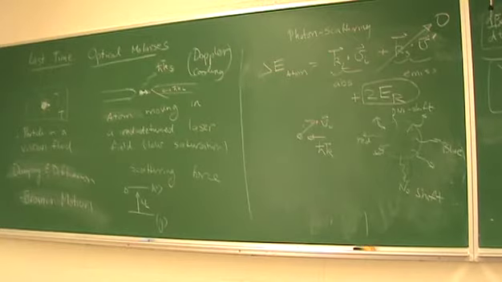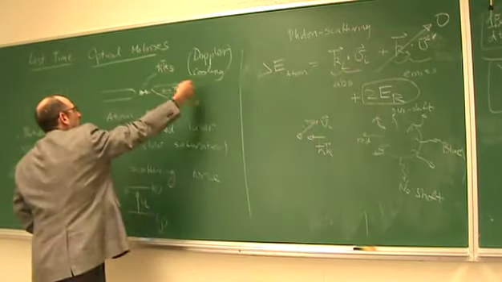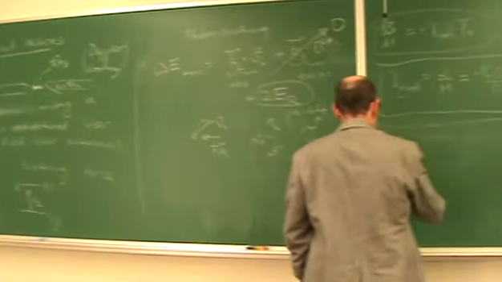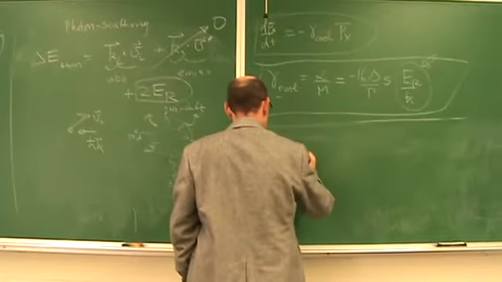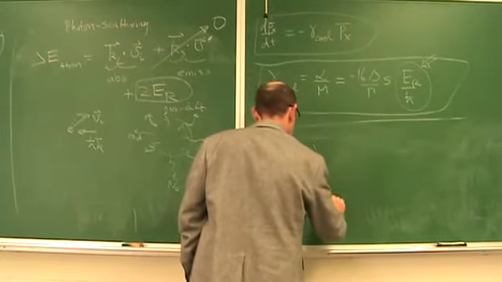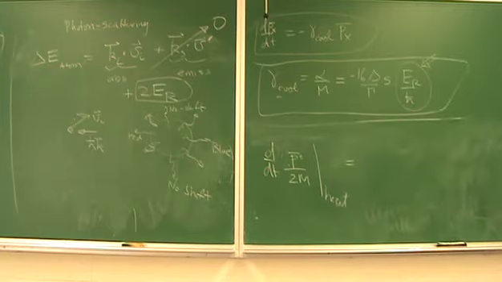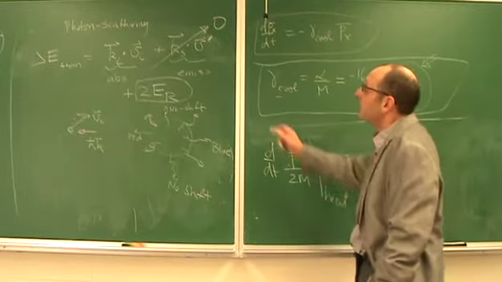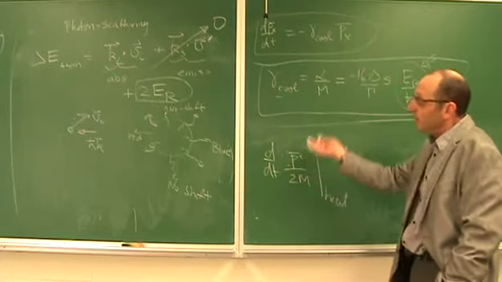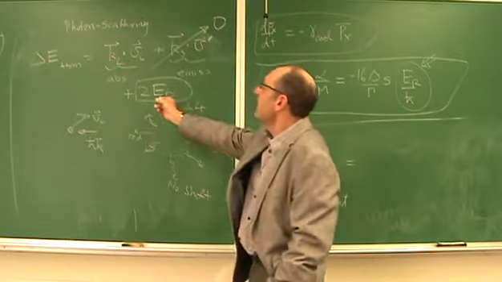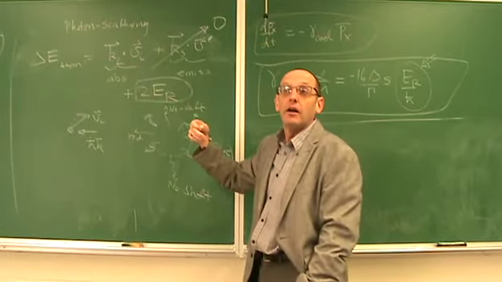In this particular direction, the rate of heating is equal to the scattering rate times how much the energy increases per scatter, a heating of 2E recoil per scatter.